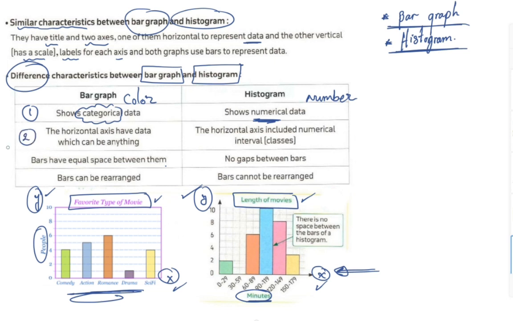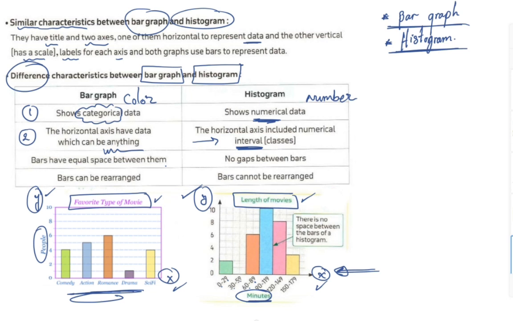Number two, the horizontal axis in a bar graph can have any data. I can put anything on the x-axis, type of movie. But in a histogram it must be an interval: from 0 to 29, from 30 to 59, from 60 to 89, and so on, from one number to another.